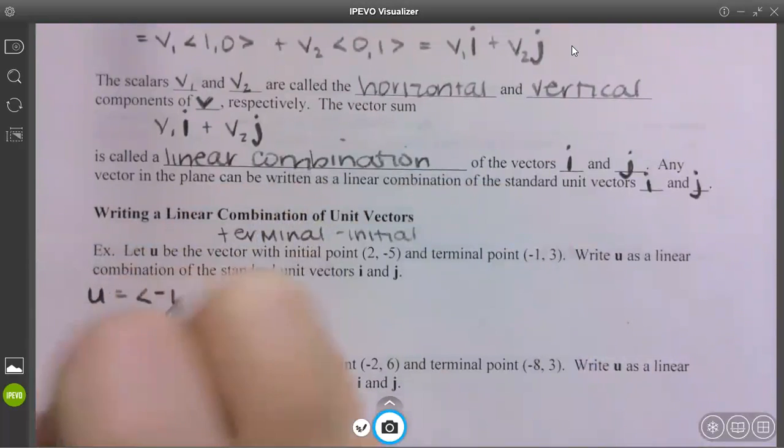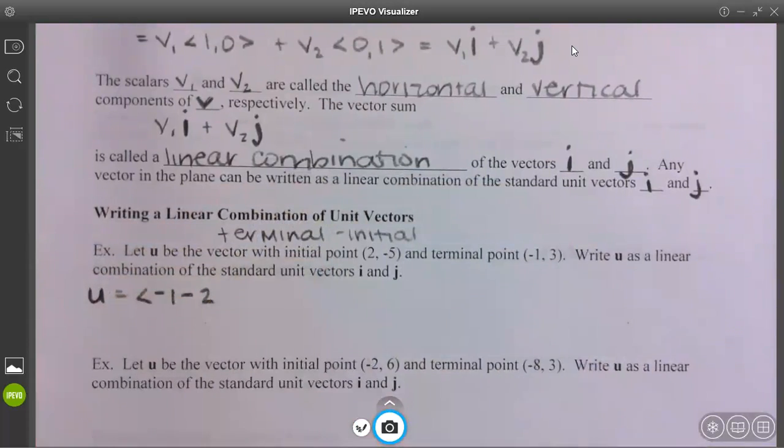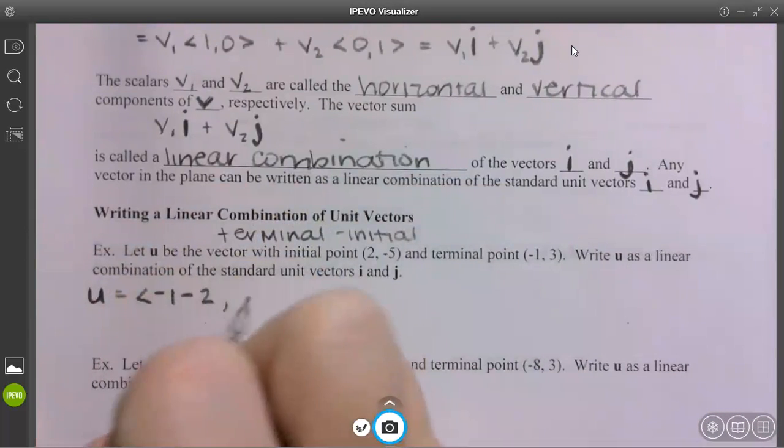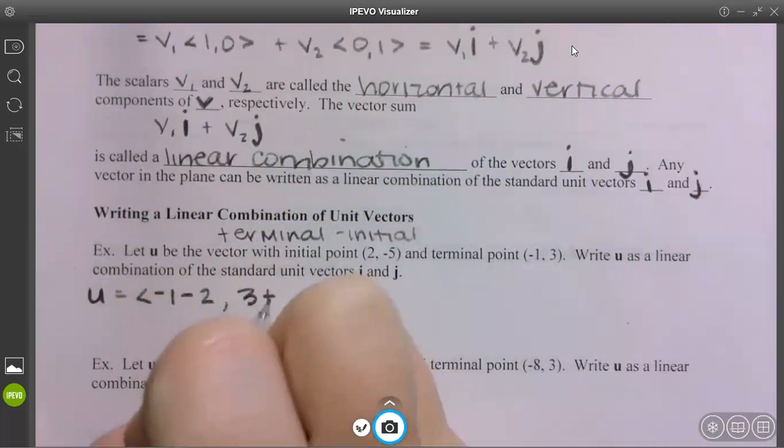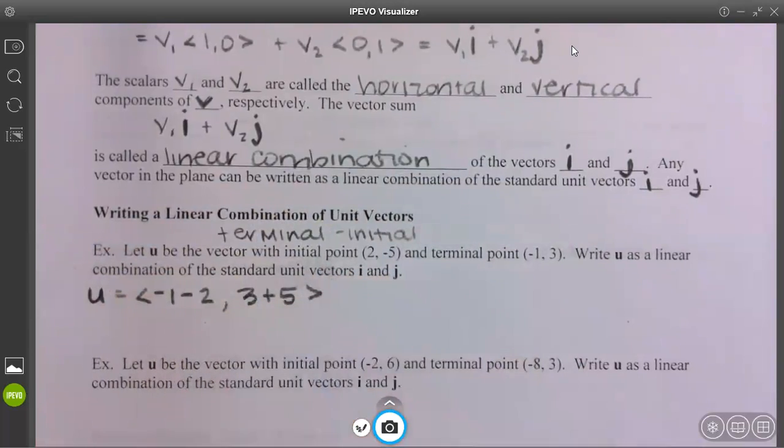So our terminal is -1 minus initial 2. Terminal 3 minus initial -5 is going to be +5. We're going to add those up or subtract them.